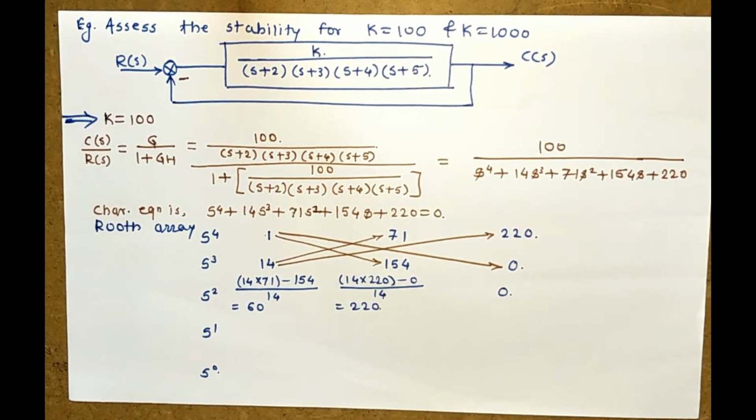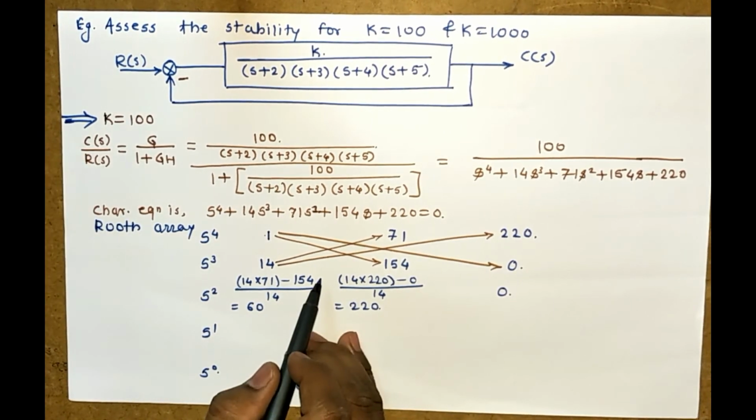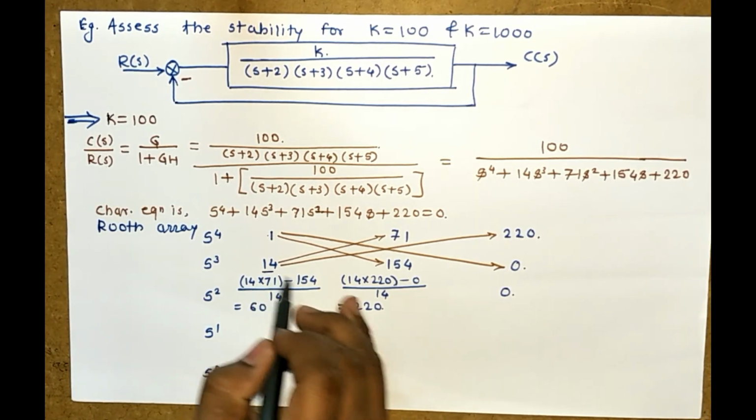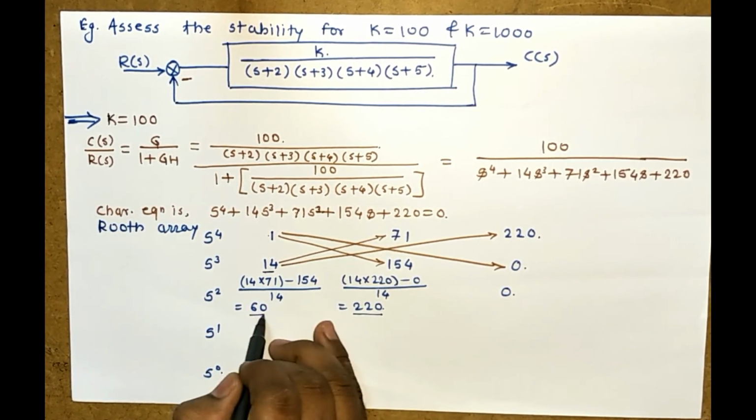Now try to find out the next row. 60 into 154 is subtracted from 14 into 220, divided by 60.